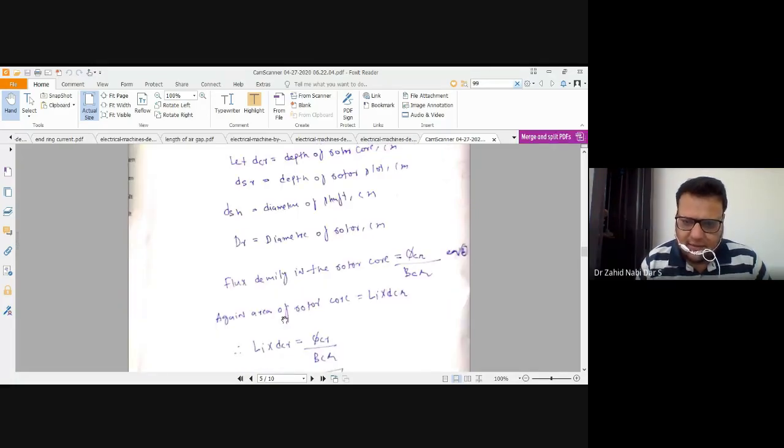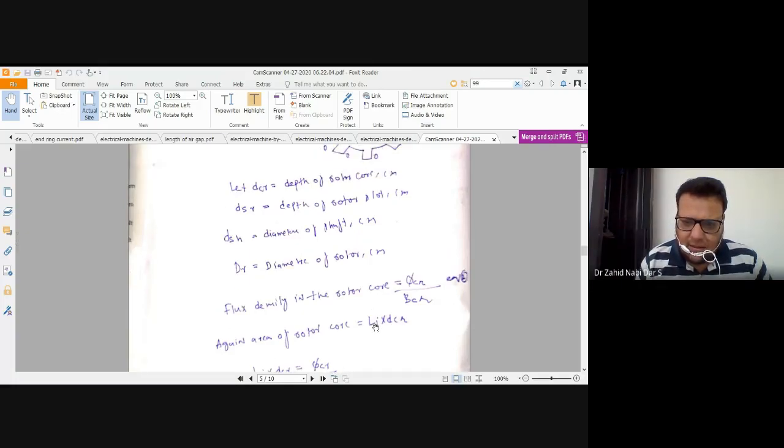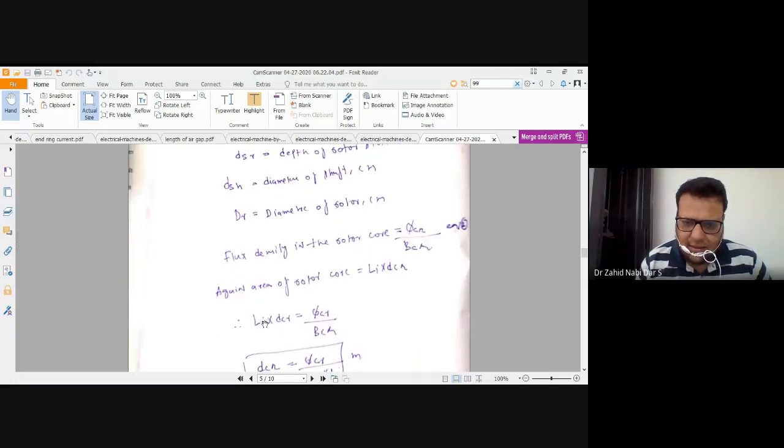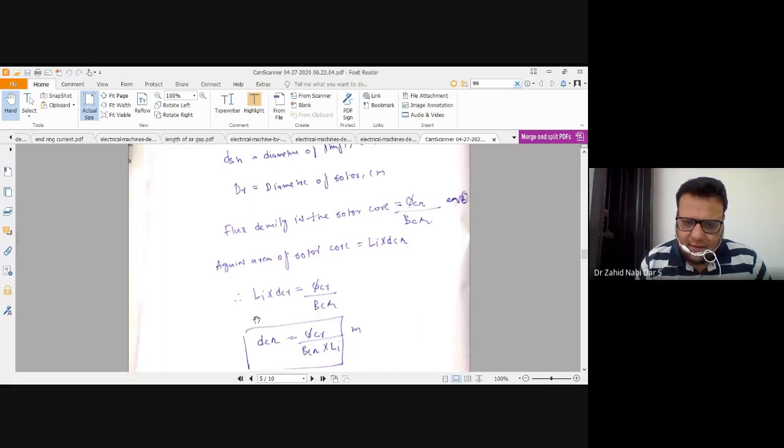Again I can relate this area to the area of the rotor core. Now my area of the rotor core would be the length of my rotor and the depth of the rotor core. Li into DCR would be equal to phi cr by BCR. So here you can write Li into DCR equals phi cr by BCR, and this DCR happens to be phi cr over BCR into Li.